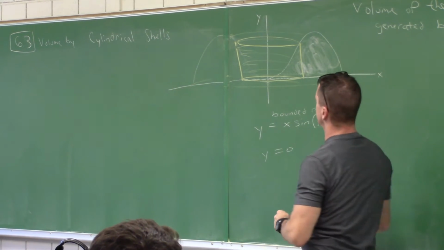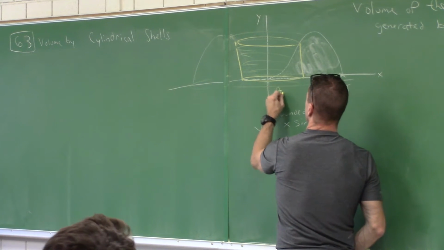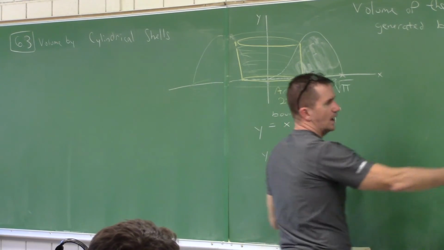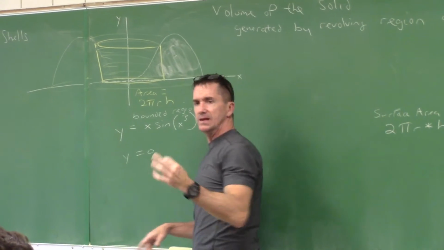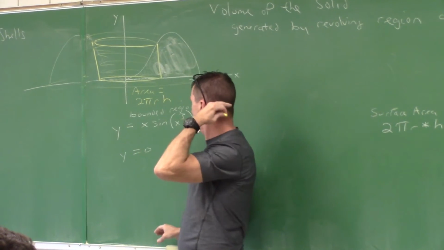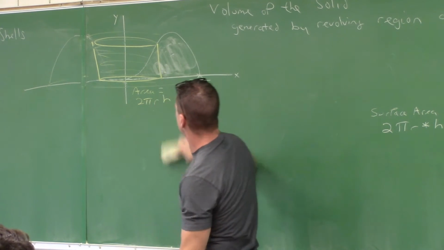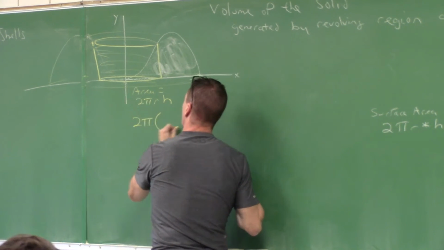What's the area of that one shell? The area would equal 2 times pi times radius times height. But let's write it in terms of this function. For the radius, what are we going to put?